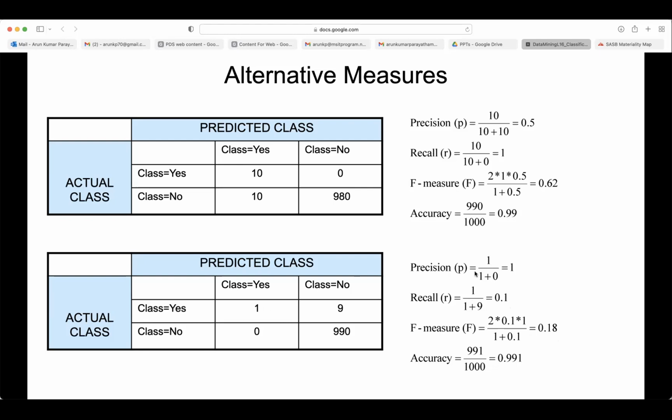Yeah, though your precision is 1, it has reduced your F measure to 0.18. Almost 5 times down, right? But in the above case, it is not reducing like that. It is increasing F measure more than the precision here.